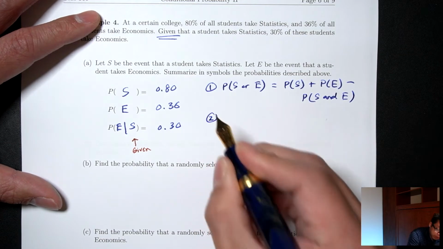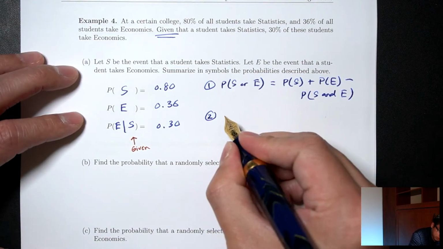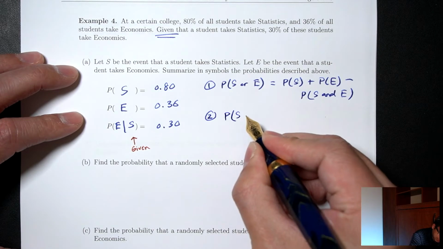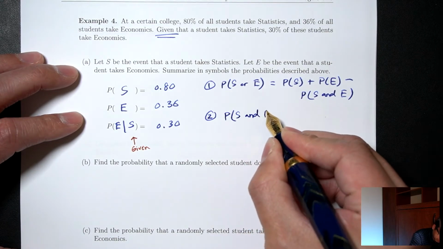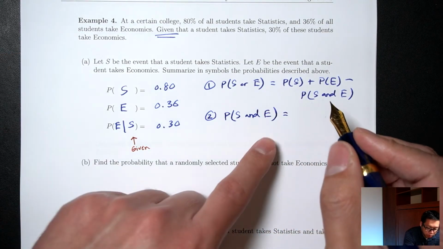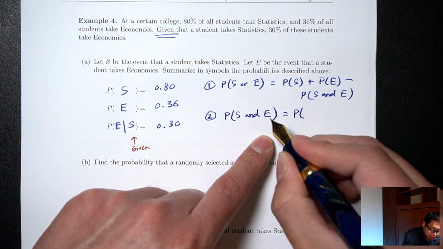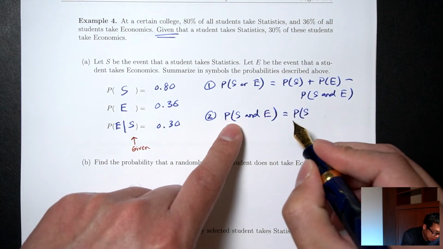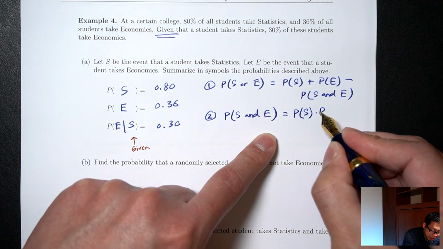Okay, second formula is the multiplication rule. So that has to do with the and. And then the order here is going to be P of S. So it starts the same. And then I just have to remember that it alternates.